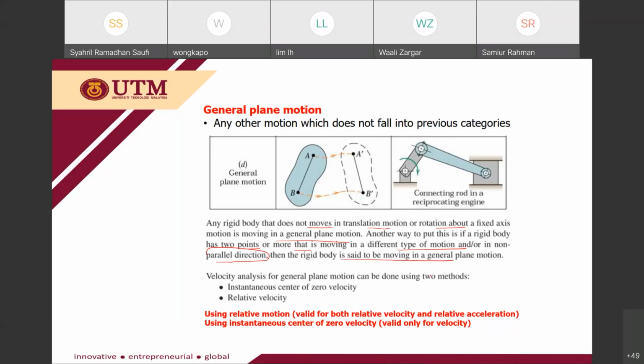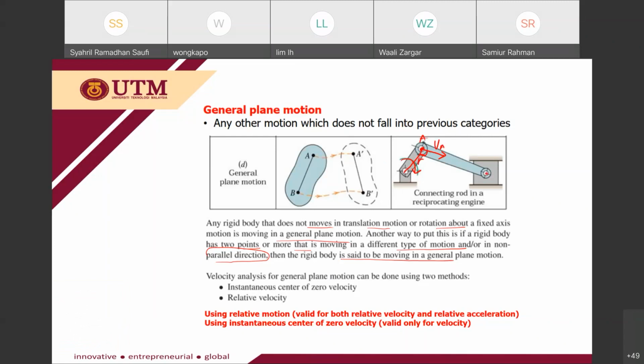Usually we can use the direction of the velocity. Let's say this point here moves due to the rotation of this arm. So this is the R, and 90 degrees to the R is your V. Let's say I put here point A, VA.